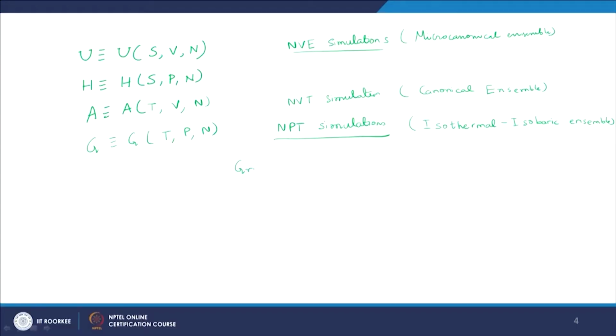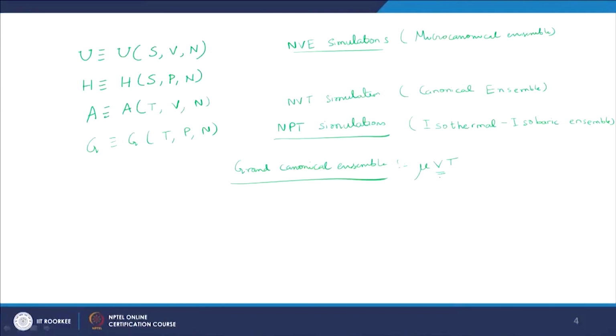And then there is something called the grand canonical ensemble, that corresponds to the controlling variables mu, V and T, and we can construct an energy function that will be basically in terms of mu, V, T, because we are following the rule: we take one each from the three pairs.